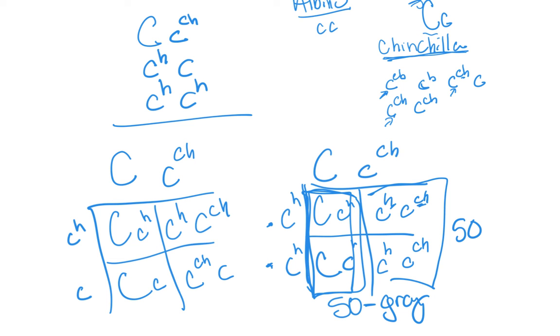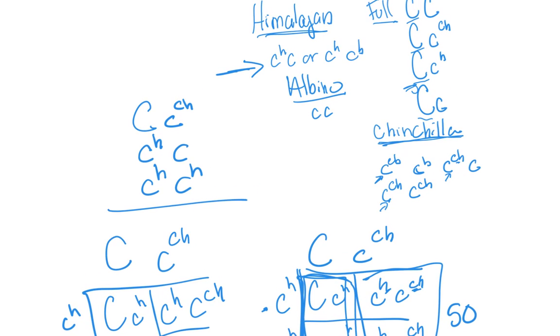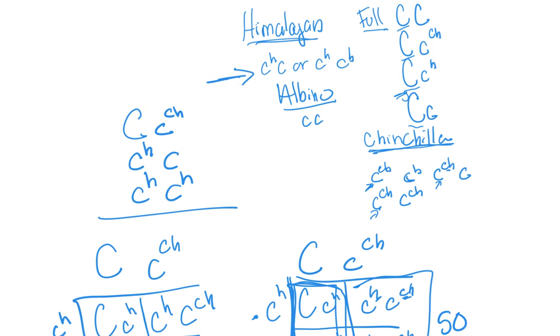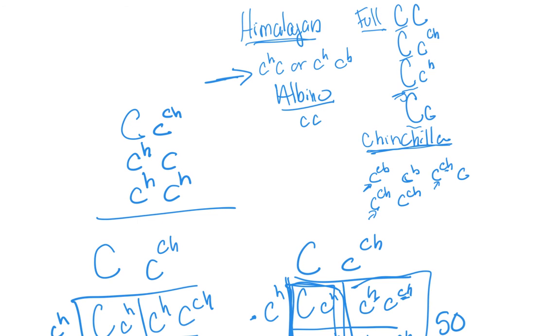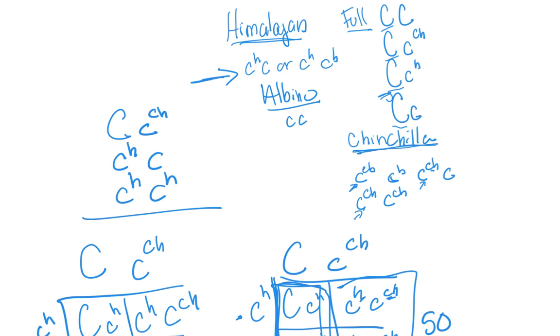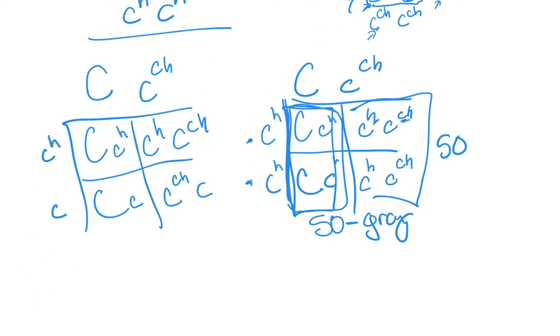Now, if you remember from up top here, when it carries both copies of gene, who's dominant over the other? It looks like chinchilla is dominant over Himalayan. We can see that example right here. In order to be chinchilla, you can also have the Himalayan gene, but if you have the chinchilla, it's going to show. So it'll be 50% gray and 50% chinchilla.